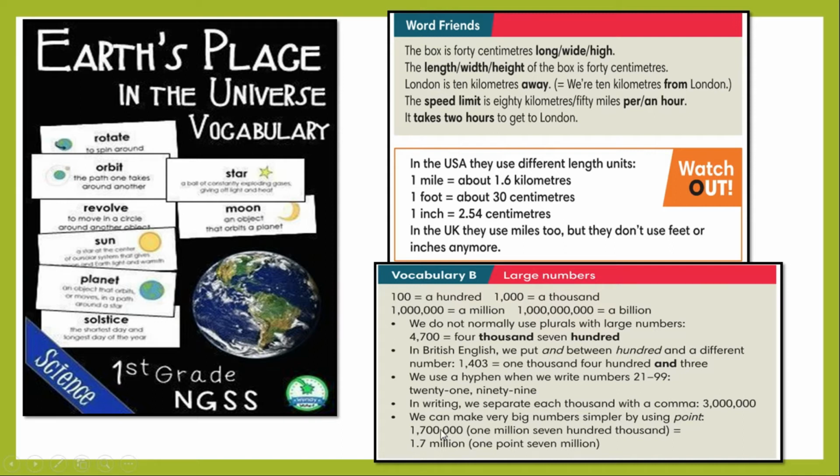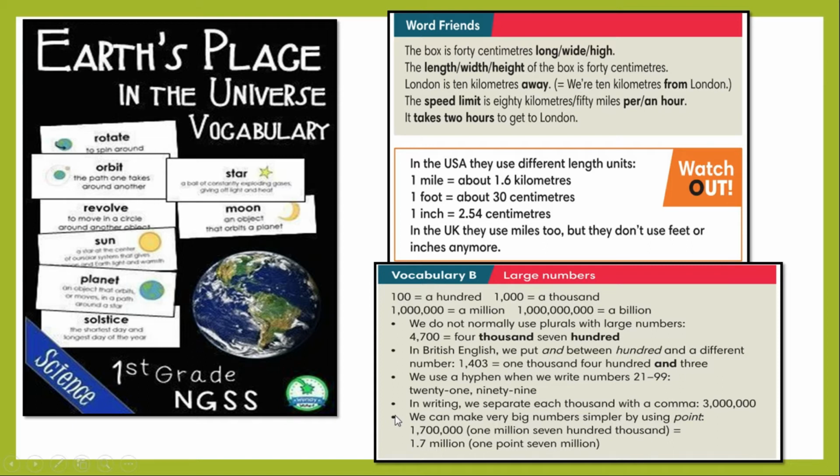To finish, we can make very big numbers simpler by using a point. So I don't understand. How can I do this? Come on, it's very simple. We can make very big numbers by using a point. So, for example, 1,700,000.